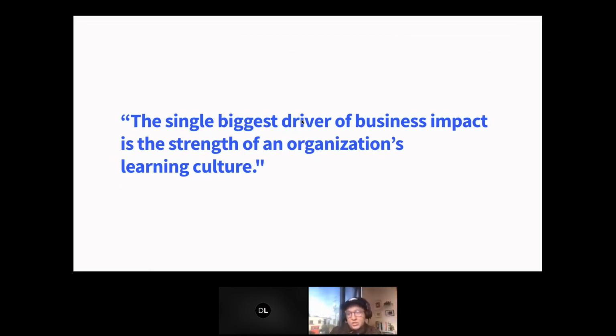Self-learner, self-study, these are all really strong attributes of individuals that can provide a lot of business value. But the collective experience of that across your organization, that learning culture, goes hand in hand with how you're able to actually champion these kinds of testing and experimentation endeavors within your company. If you have that learning culture, both internally and externally, this is something that really is able to drive a lot of business impact.